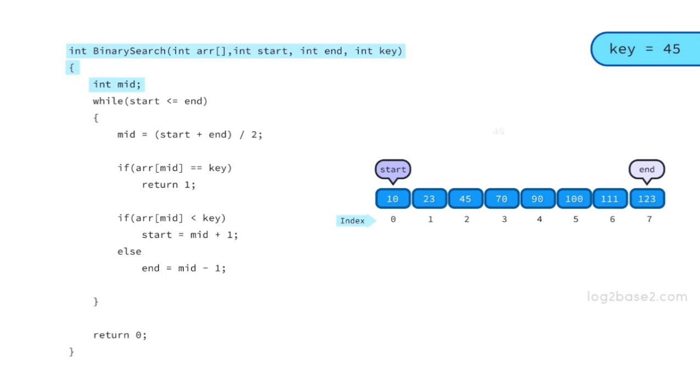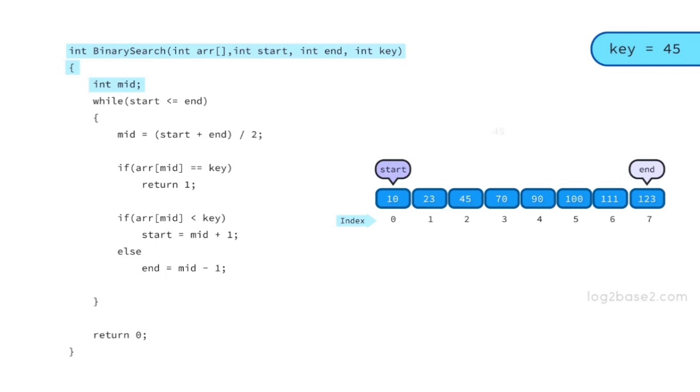And we have this while loop here, which will divide the array into halves till we find the key or the array is completed. And when the key is found, 1 is returned, and when the array is completely checked, this condition start less than end will fail and control comes out of the loop and returns 0.